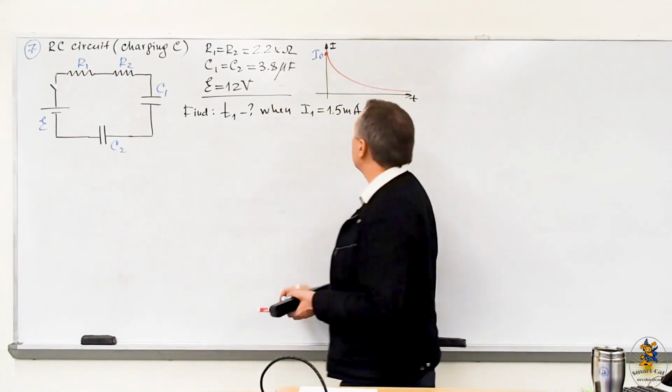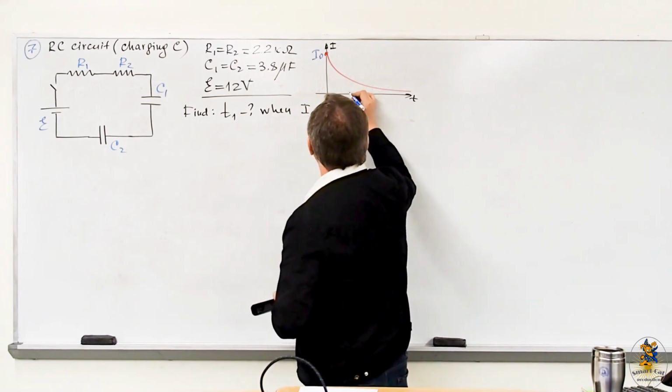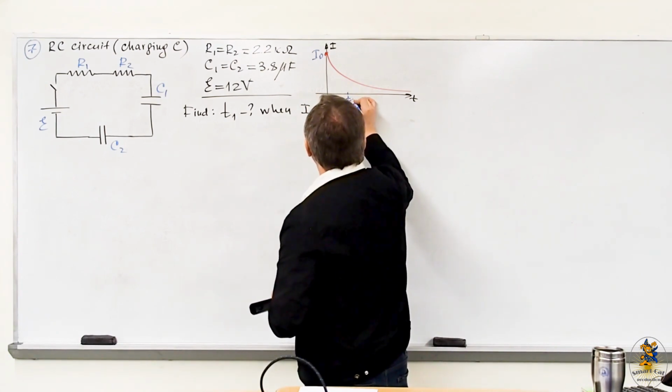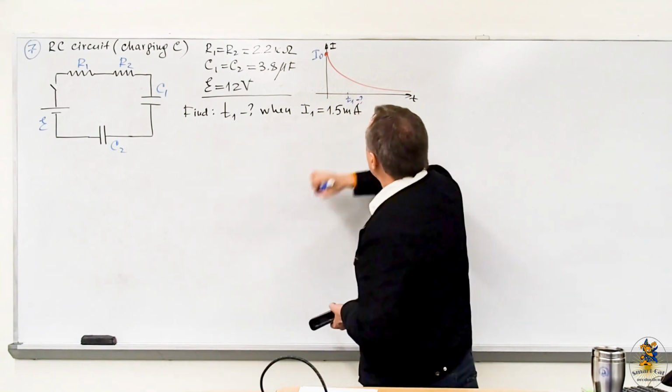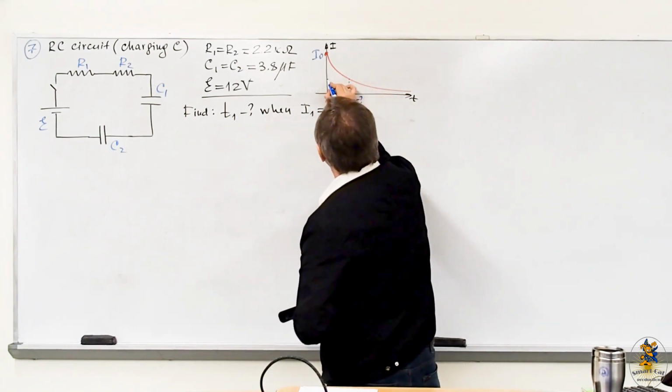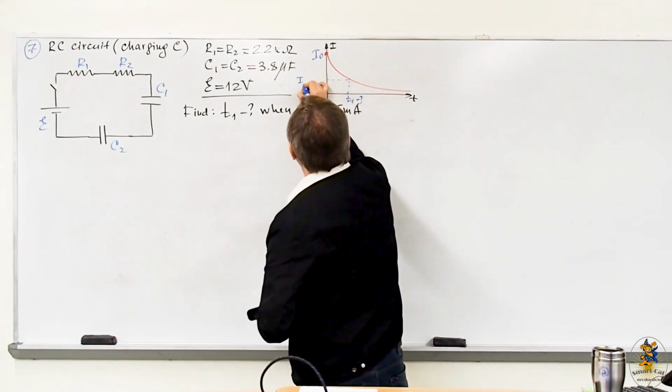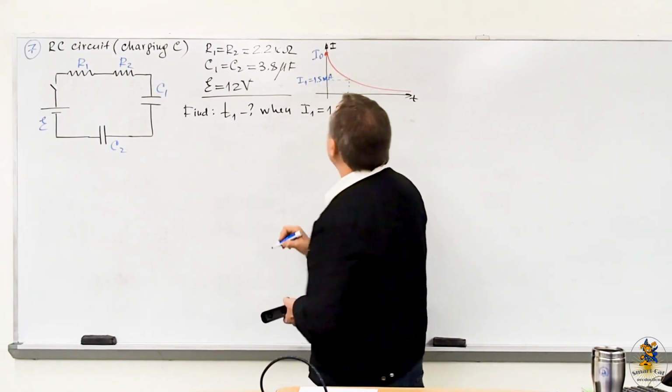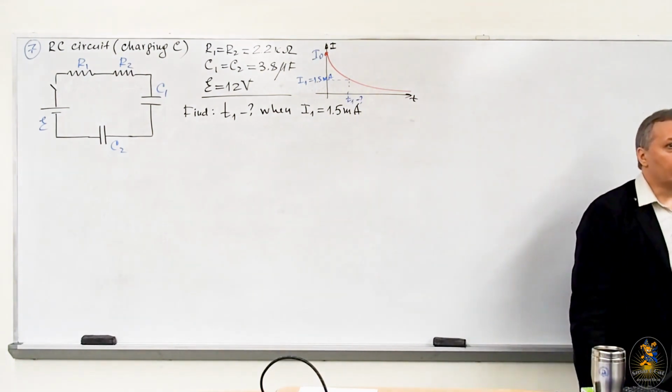I just want to show what we want to find: some moment of time T1, when current is going to have the value of I1, which is 1.5 milliamps. That's what we need to find.